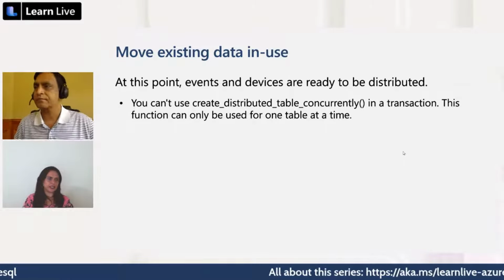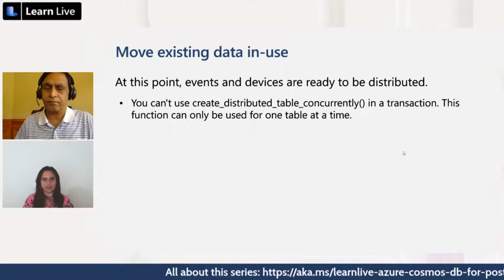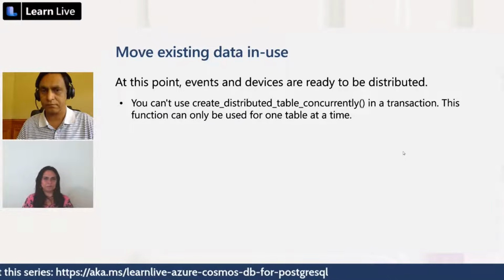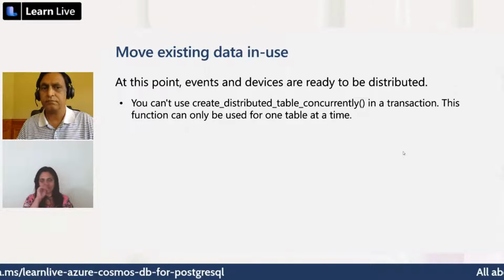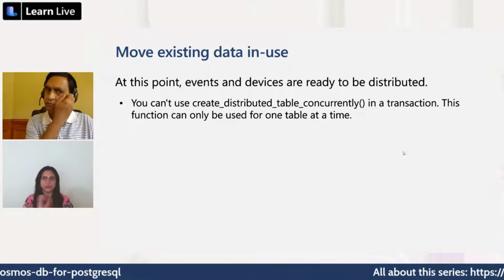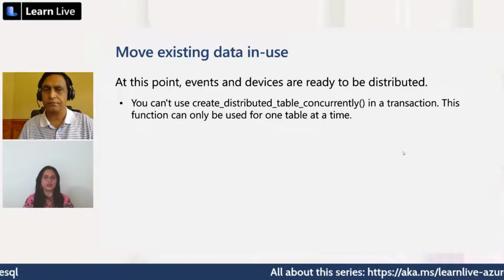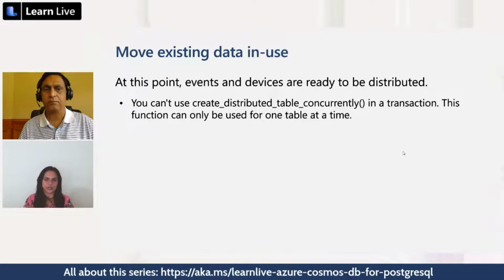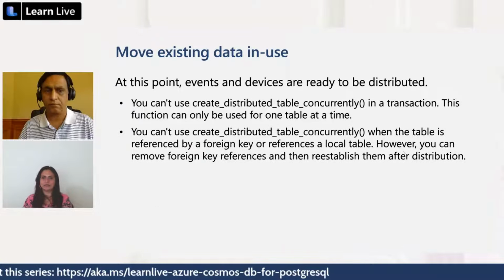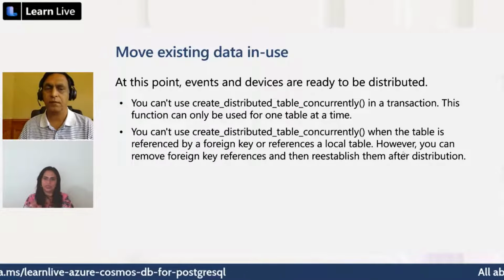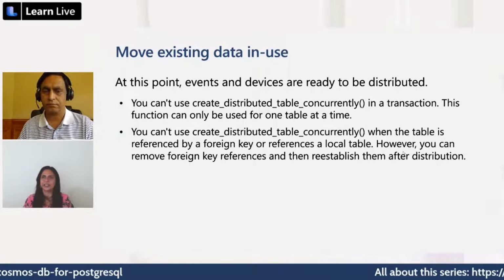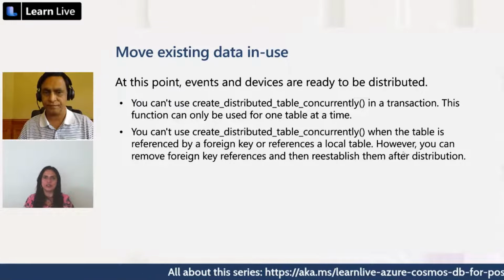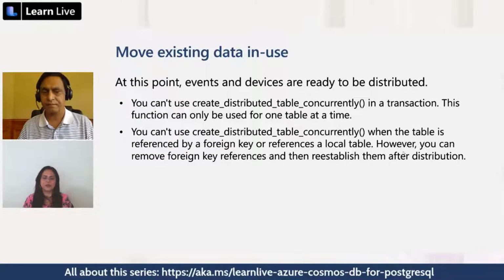Now, moving existing data in use. So if the data is already there, Srini, how do you redistribute it? So you have multiple devices, and you have your tables all set up. The data is in there. You cannot use create distributed table concurrently in a transaction. You can use it only on one table at a time. Then, when you're talking about create distributed table concurrently, and if you have a reference key, you have to make sure that you remove the reference keys and the foreign keys before you can do the distribution.